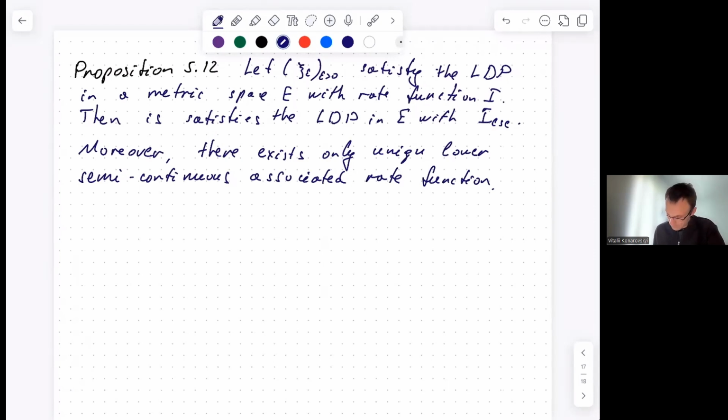Okay, now we want to prove that proposition. And we will start first of all with the proof of the fact that we also have a large deviation principle associated with that function.